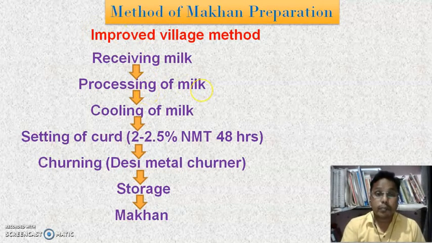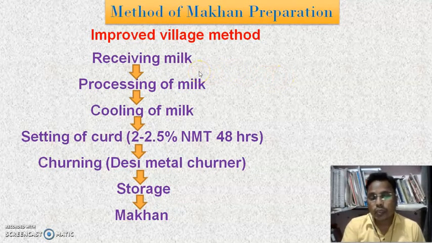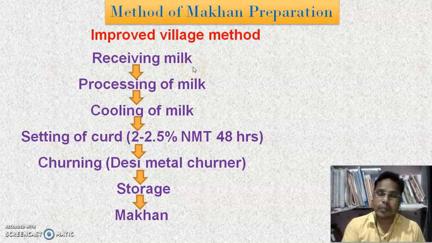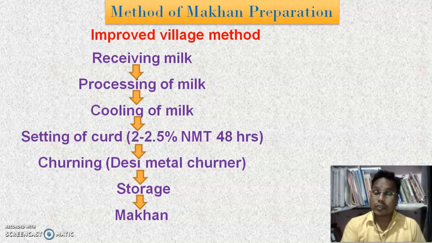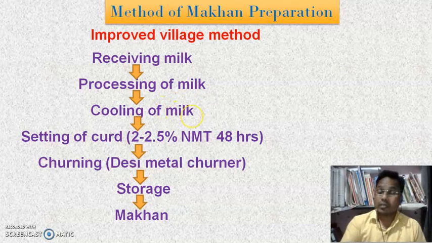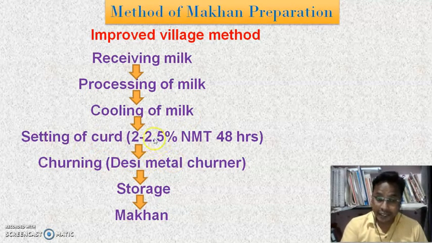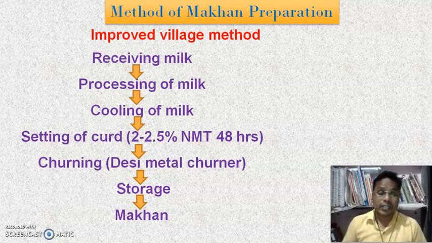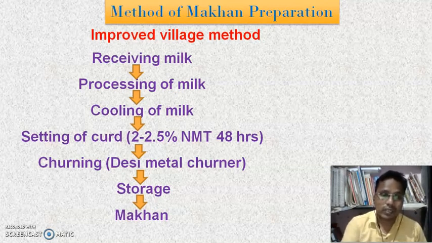Whereas in the improved village method, there is control over all the points, that is the receiving of milk, meaning only good quality milk is taken, the milk is tested for fat content, then in the processing the milk is heated to destroy or kill the microorganisms present in that milk. The cooling means the milk is cooled to room temperature. In the setting, 2 to 2.5% of starter culture is added, whereas in the traditional method there was no control over the addition of the starter culture.